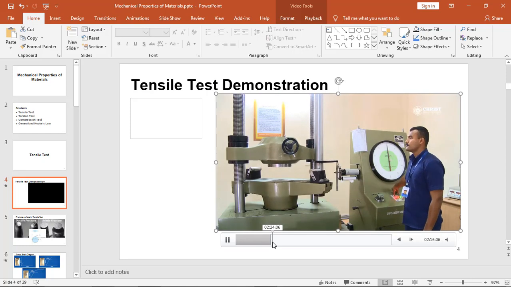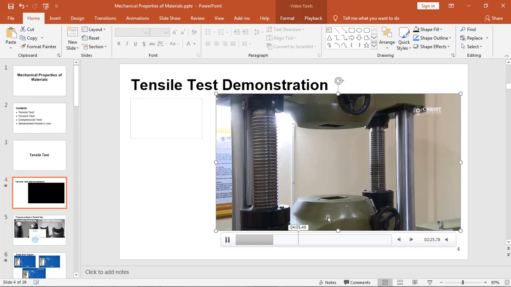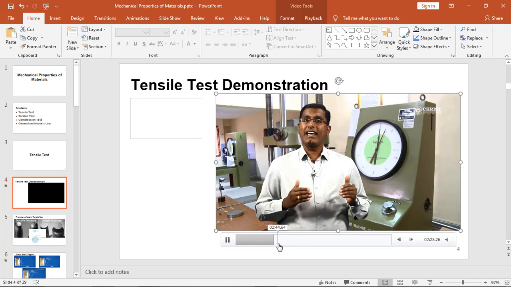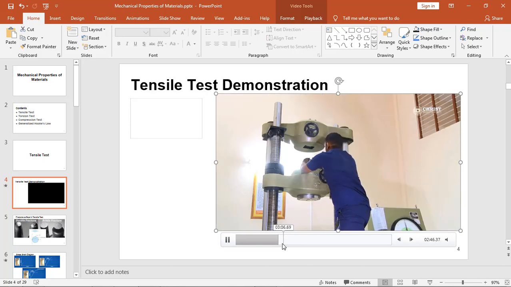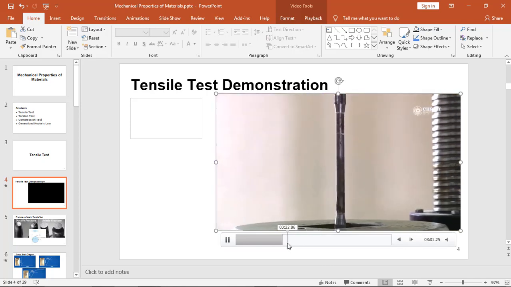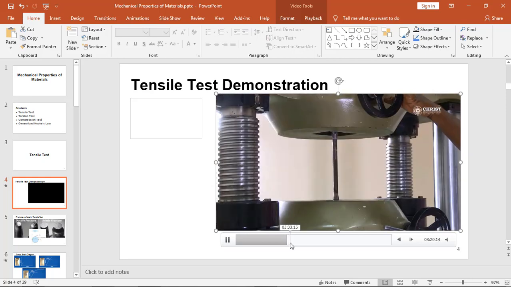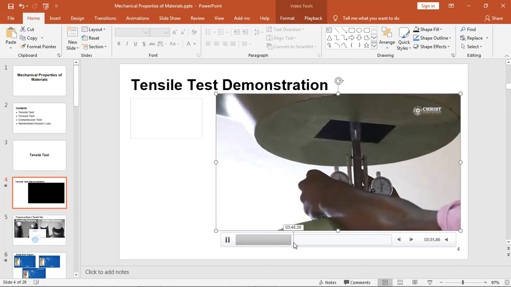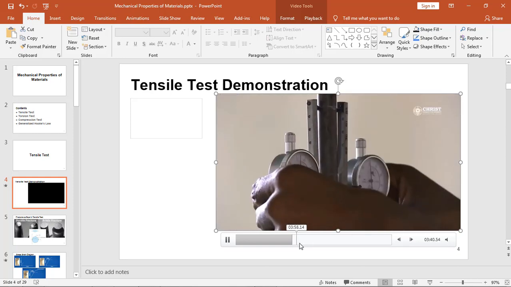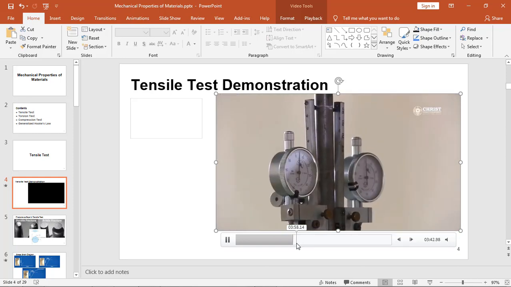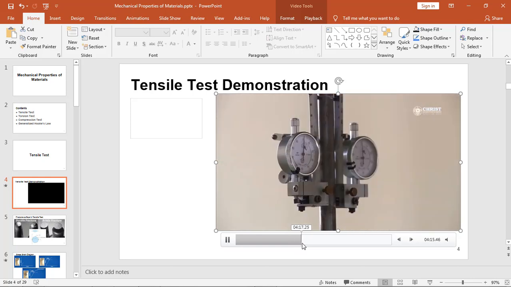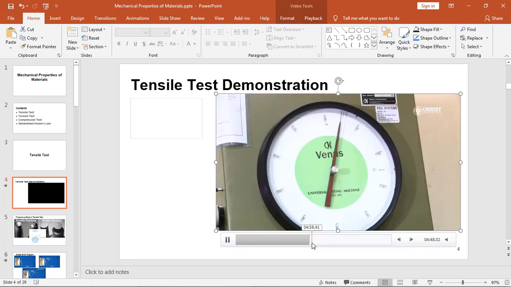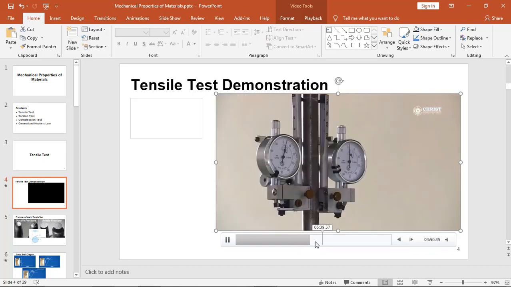It's a mechanical device, and you can see in this setup it is fixed. Now the sample is fixed like this, and then the extensometer is set exactly at the middle to measure the elongation mechanically. This particular dial gives the reading of the tensile load that is applied on the sample.